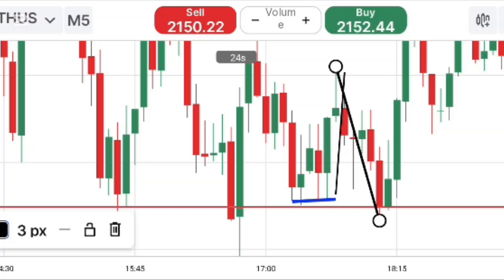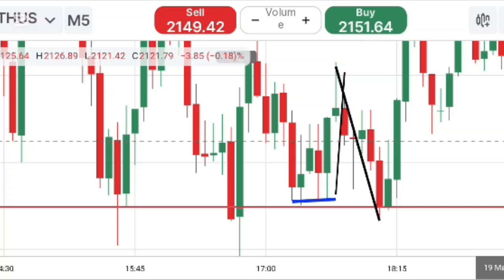An impulsive move will never happen except liquidity is collected. Why? Because institutions are buying or selling in large volume. What truly happens in trading is buying and selling. So if you are willing to buy, there must be someone that is willing to sell.